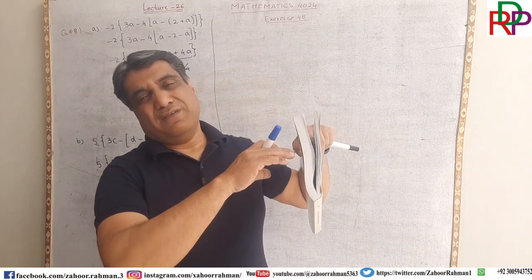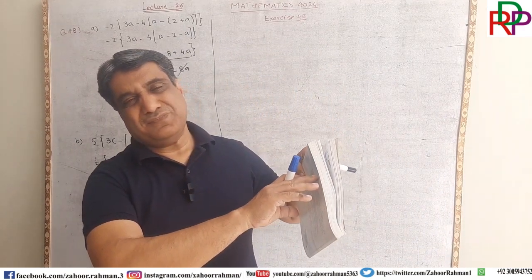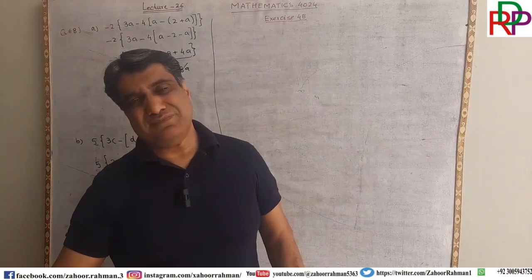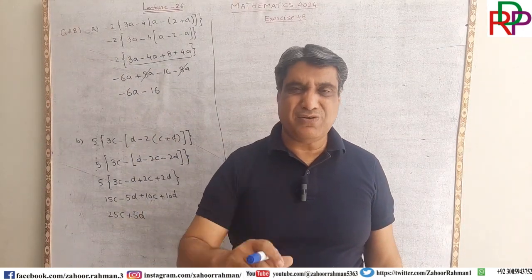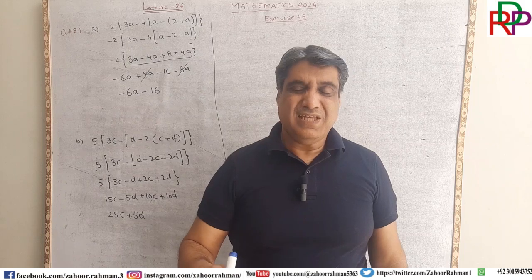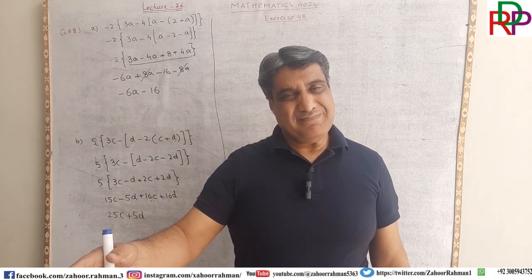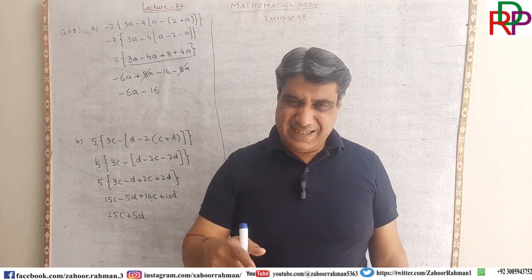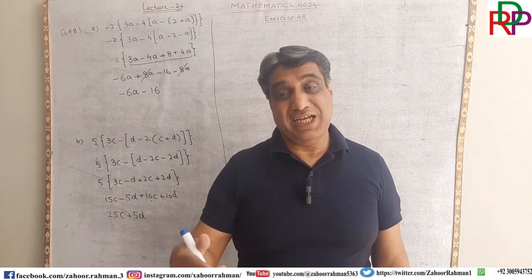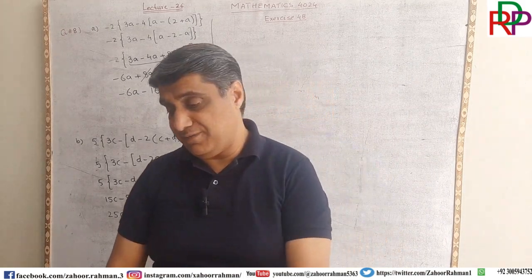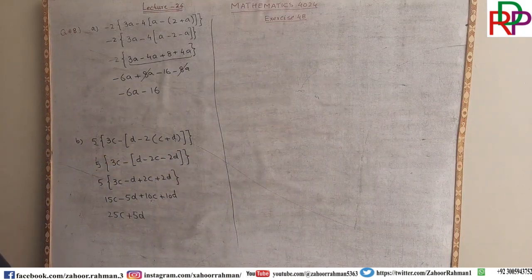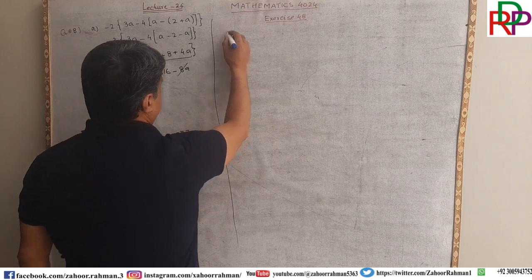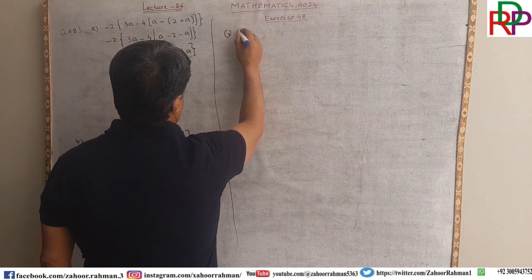So from the total salary we have to subtract the male salary and divide by the number of female. So that will be the average salary of what? That will be the average salary of the female. So the average monthly salary of the female employees, this is question number 9.